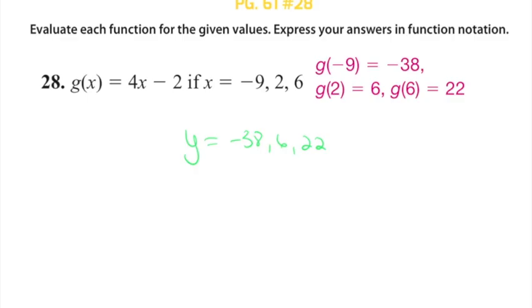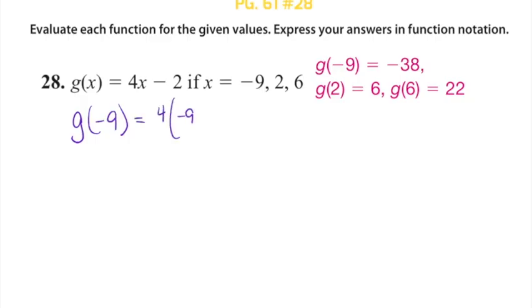All right, so to get these, you're going to plug it in. The first one they wanted was g of -9. You're going to say 4 times -9 minus 2. 4 times -9 is -36 minus 2, which is -38. So that's where they would have gotten this one. The next one, g of 2.